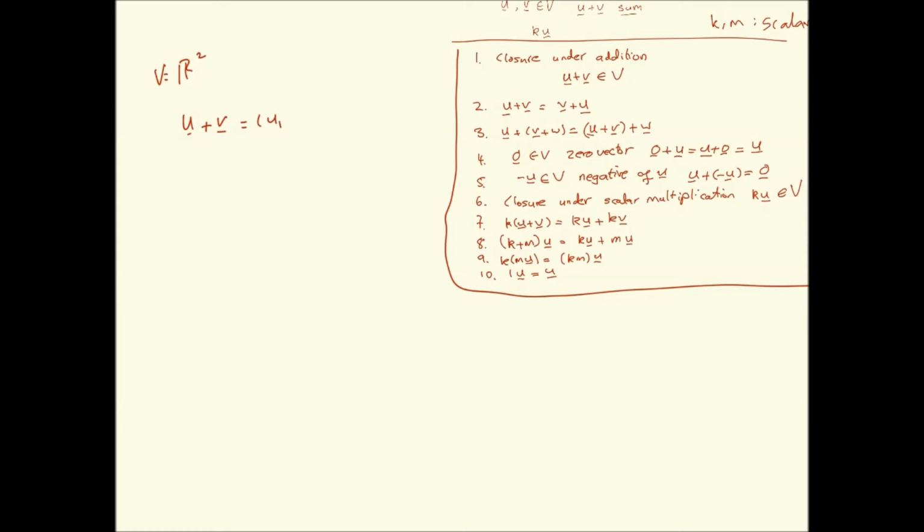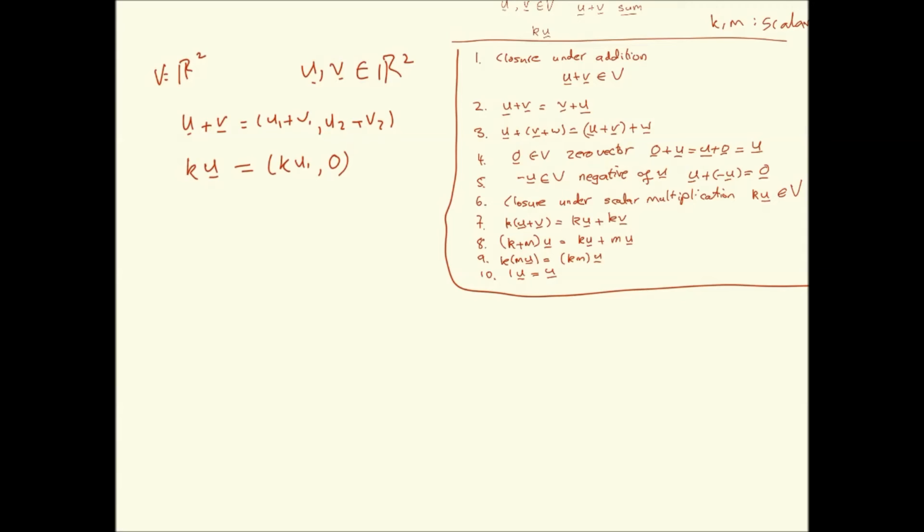So it's u1 plus v1 comma u2 plus v2. Clearly u and v belong to R2 in this case. But here's what we're going to do. We're going to define scalar multiplication a little differently, as follows. Now, under these definitions, let's see, do the axioms hold?